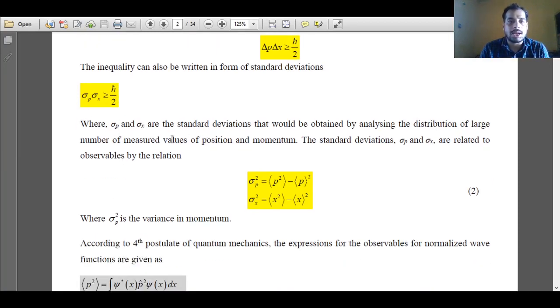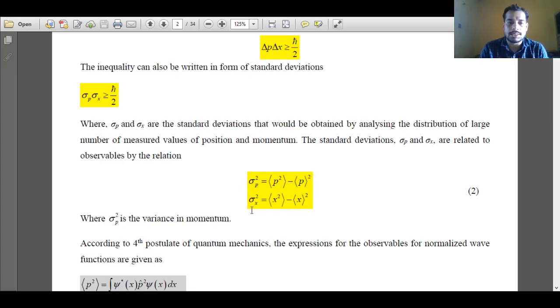Now, how are the standard deviations represented? The variance with respect to momentum is the expectation value of p squared, that is, the expectation value of momentum squared, minus the expectation value of momentum, the whole squared.